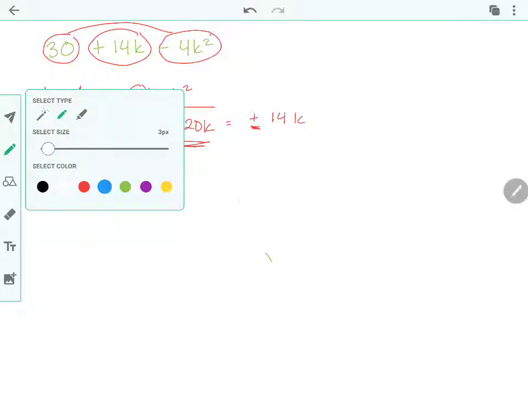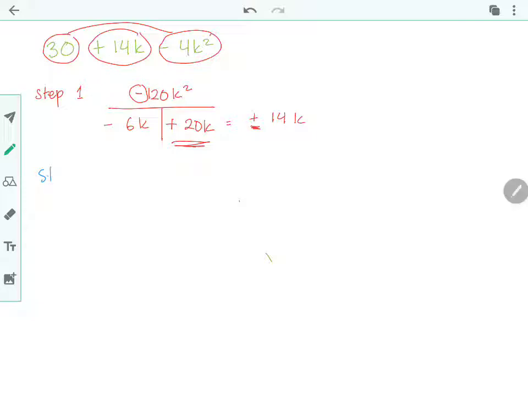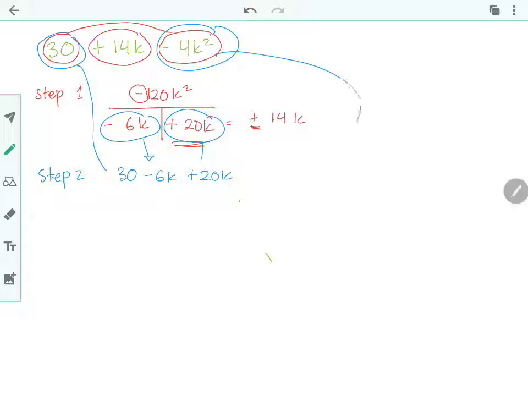Now go to the second step, step 2. I just need to rewrite this again. So 30 minus 6k plus 20k minus 4k square.